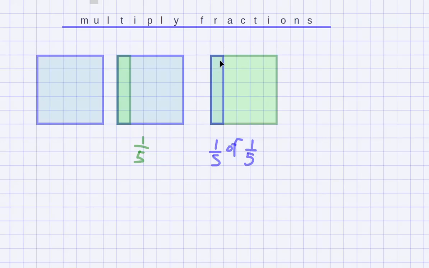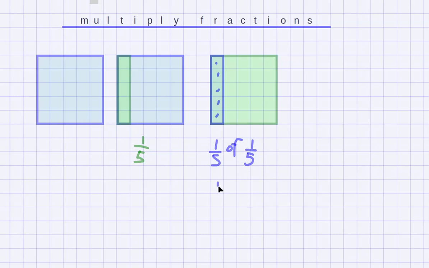So 1/5, that's 1/5 of the pizza there, and it's made out of 5 little grid squares. So if we took 1/5 of it, we only have one of the 5 of those.